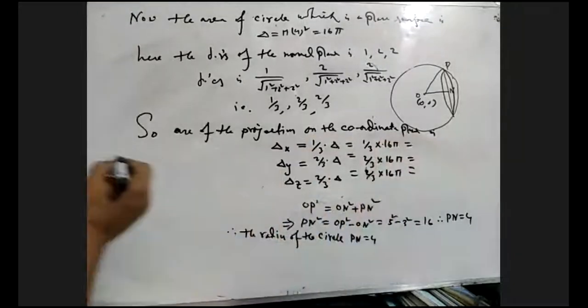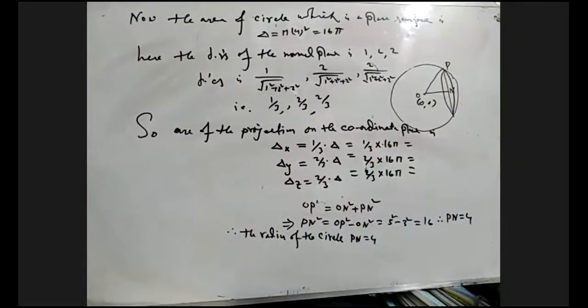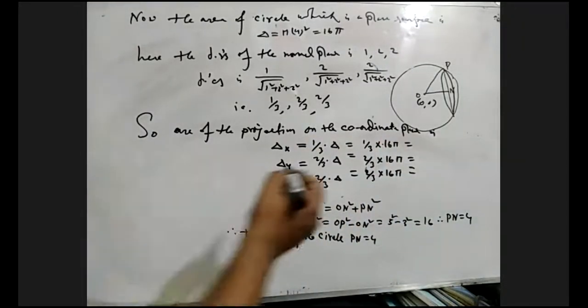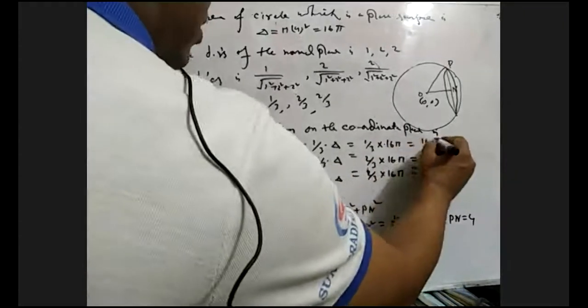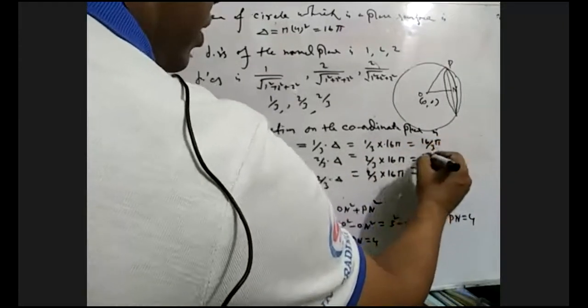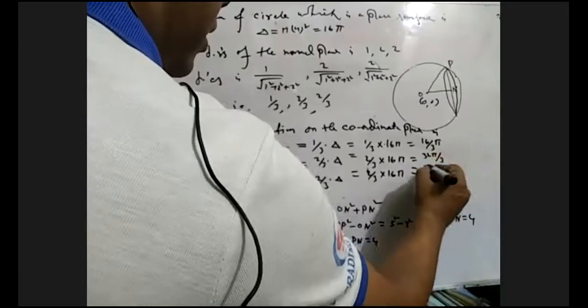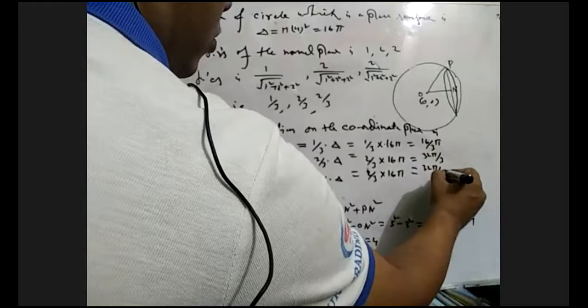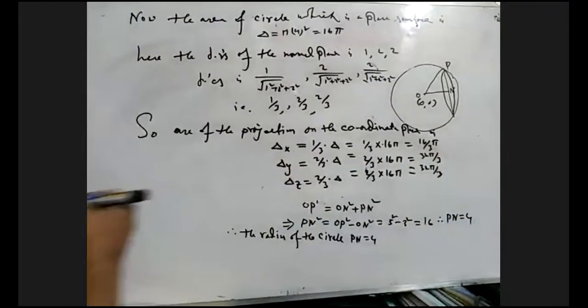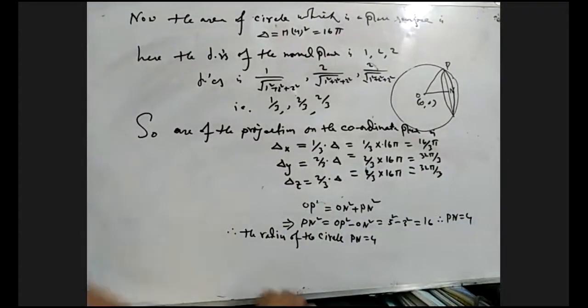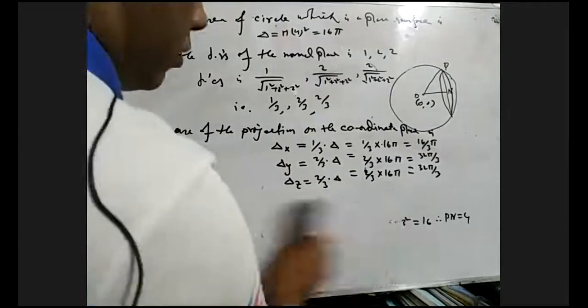So the results are 16 pi by 3, 32 pi by 3, and 32 pi by 3. This is the required projection, and this is the result.